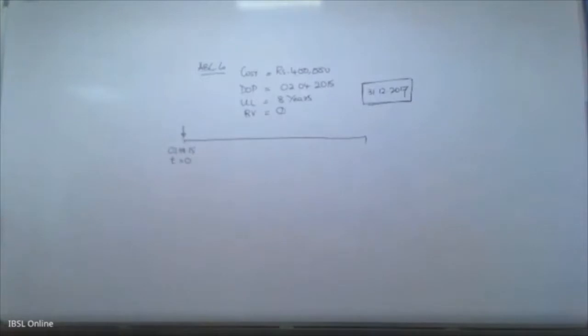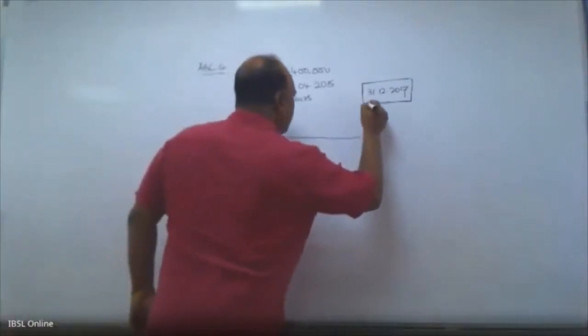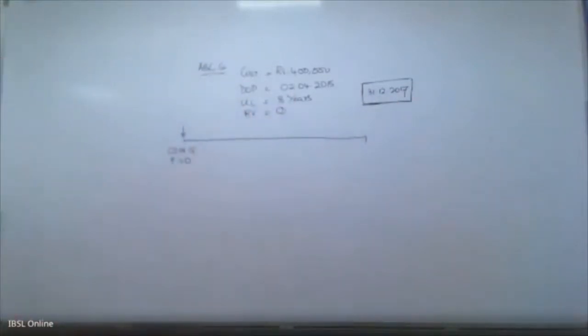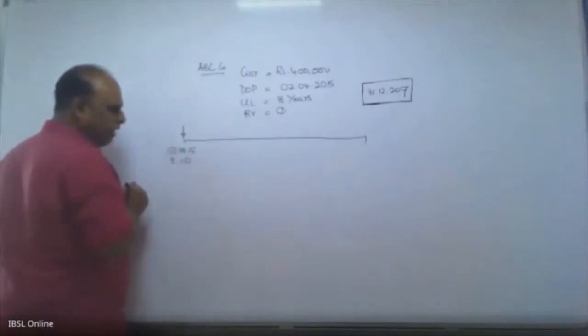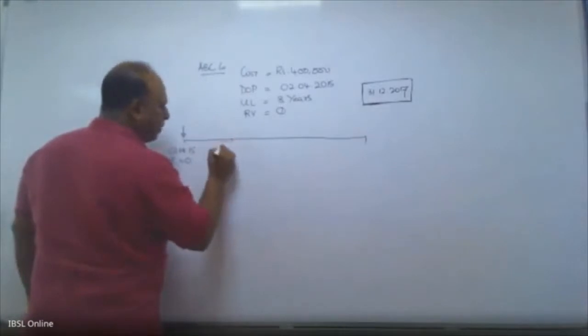But the sooner you see this 31st December 2017, it gives you an indication that their financial year closes on 31st December. Okay, so every year on 31st December they close the financial year. So when you purchase an asset on 2nd April 2015, your first financial year end will come on 31st December 2015.